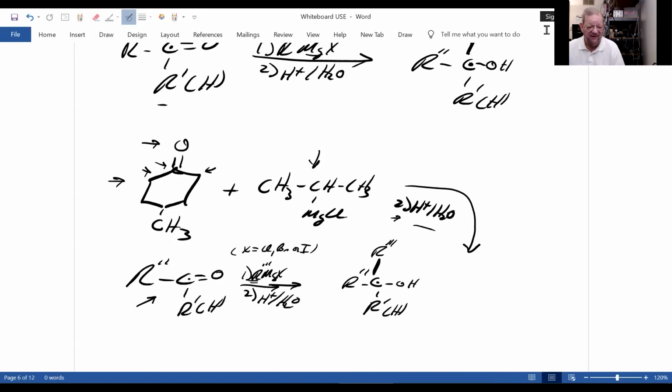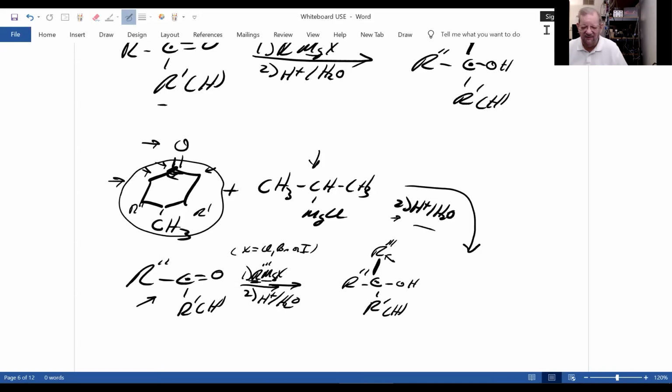Remember, the carbon in the Grignard with the MgX is the carbon in R triple prime that this carbon is bonded to. So if we look here, R double prime and R prime connect together. It's a ring. Here's the carbon here, which becomes this carbon.